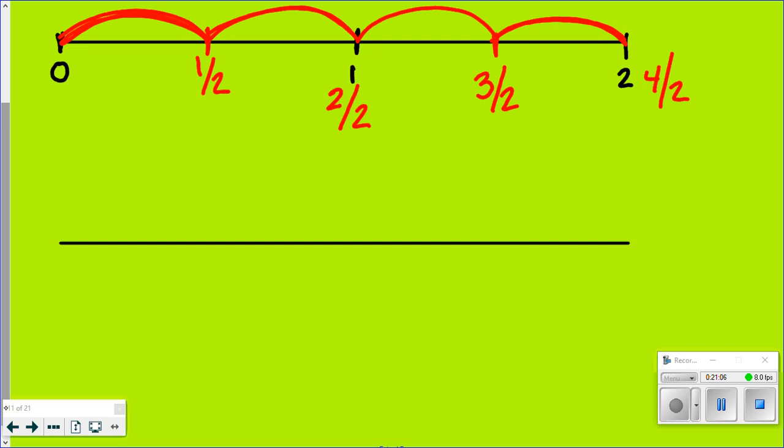Alright, let's draw one more number line. This time we're going to label the number line 0 to 1. We're just going to look in between 0 and 1. These are very, very small pieces because it is less than 1. We talked about midway points being important, yes?